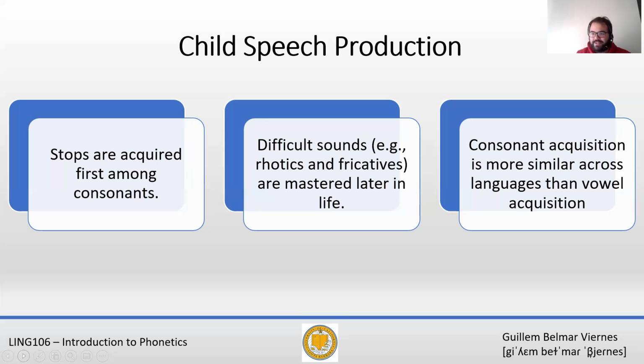I mean, not at doing IPA transcription, but at recognizing the sounds. So they're very good at recognizing differences between sounds. And very early on, what they do is they focus on the distinctions that are meaningful in the languages they get input in. So if a language has a distinction between a and e, the baby can perceive it and can process it. Producing it is another thing, and it might take a little bit longer.